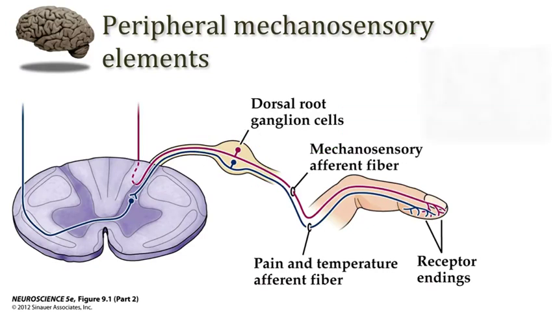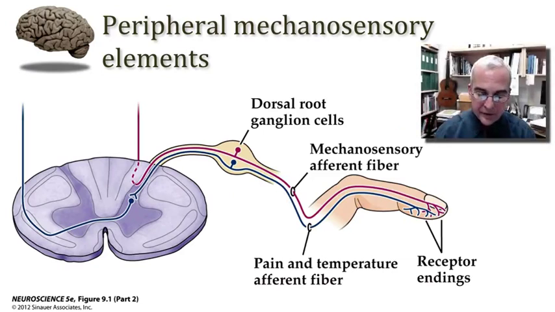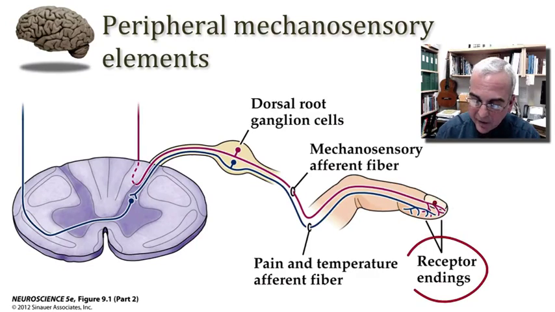So the peripheral process of this cell grows out to reach the surface for which it is going to serve. And in the case of a mechanosensory fiber, which is what's illustrated here in red, there may be some kind of specialized receptor ending that we'll see in just a moment that will begin to label that line as being a mechanosensory axon.